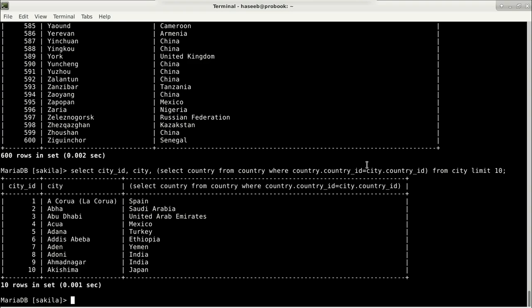So actually I have matched the country ID of the city table with the country ID of the country table, and from that row I have picked the name of the country and then displayed it here. So this is an example of a subquery.